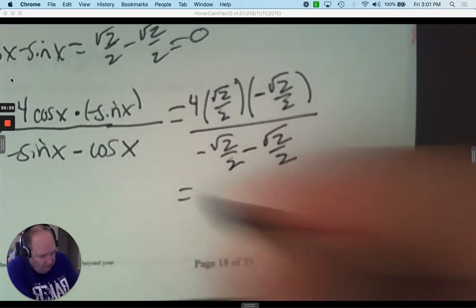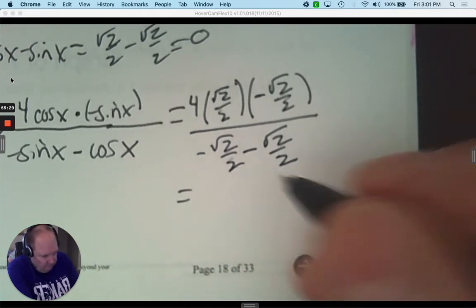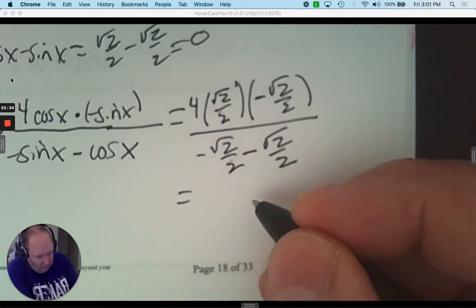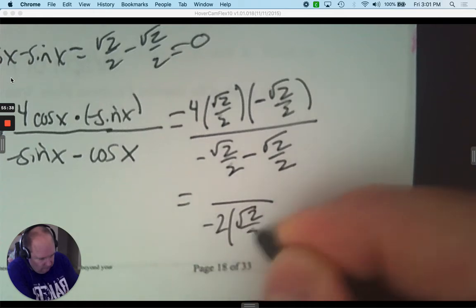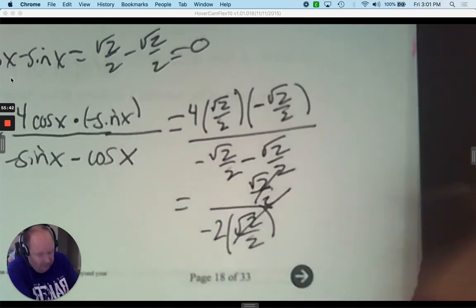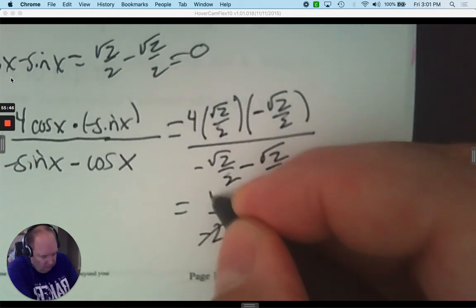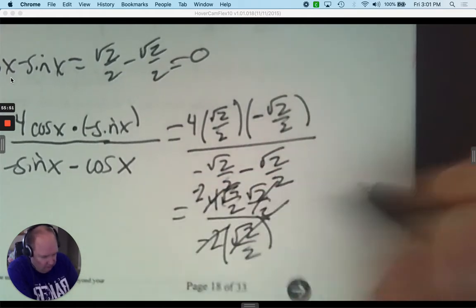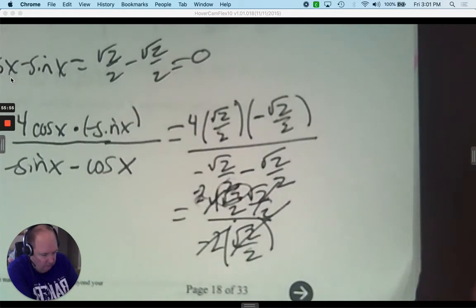So if I put this together, the denominator is 2 times negative root 2 over 2, which then crosses out with one of the root 2's in the numerator. They cross out. And then negative 2 goes into 4 negative 2 times. So that leaves me root 2 over 2. They cross out and I just get root 2. All right.